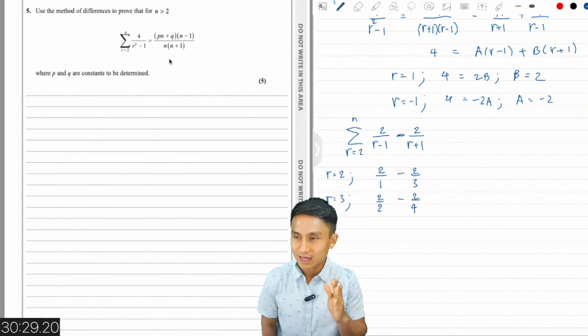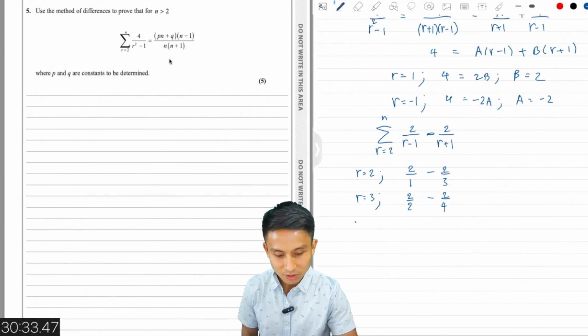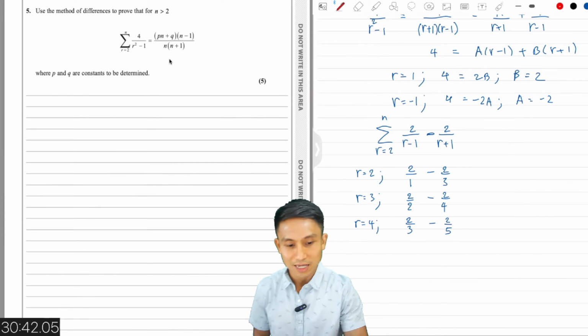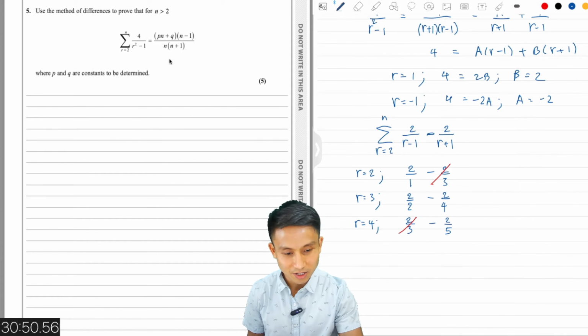Don't simplify anything because you won't see the pattern if you do, right? Just keep going there. Just maybe a couple of terms there. And r equals 4, you get 2 over 3 minus 2 over 5. Now you start to see some cancellation, like this one and this one here. I probably need another one there.